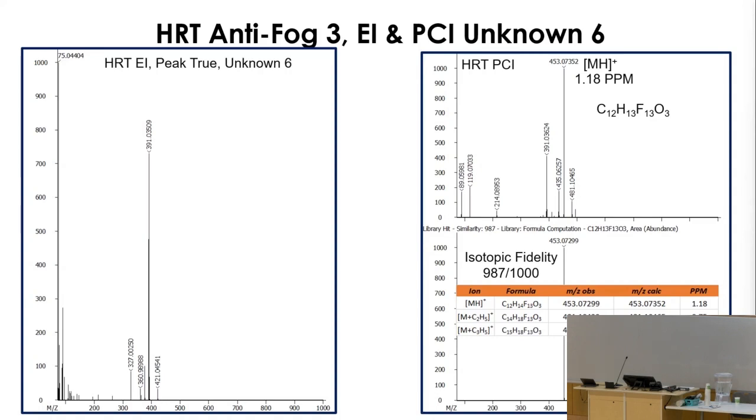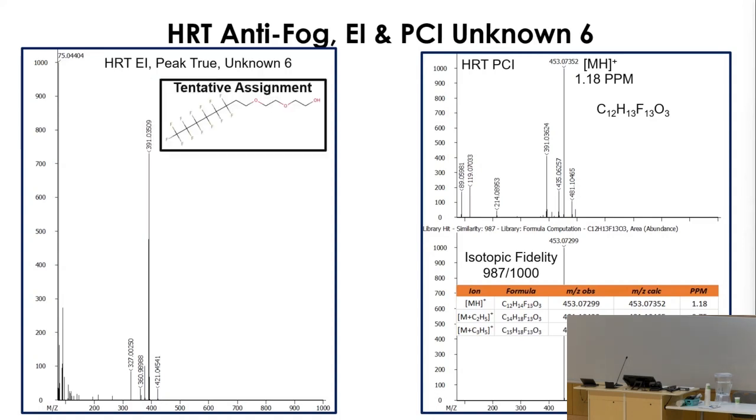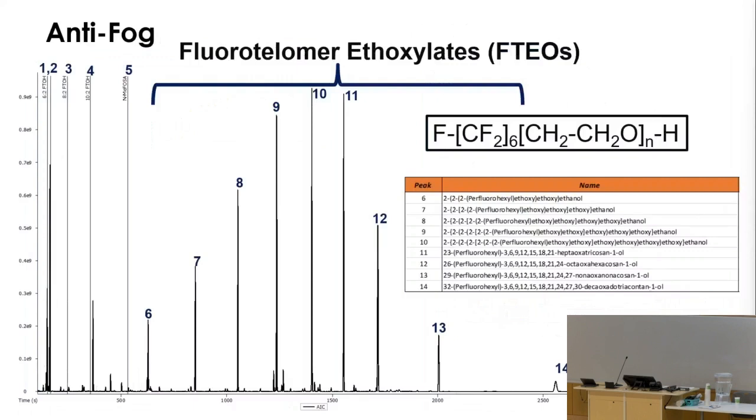And I can run the same type of methodology. I can run the complementary CI data and now get a strong protonated molecular ion with a good mass accuracy, get a formula. There's extra information there. And I can get a tentative assignment based on all of that information. And I feel confident about that. In fact, I feel so confident that I assigned all the unknowns.